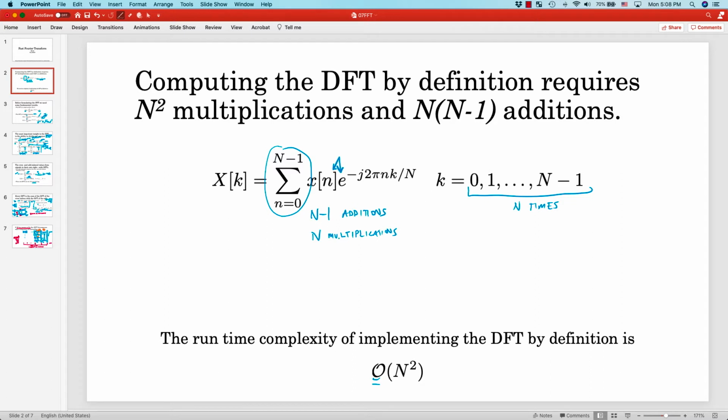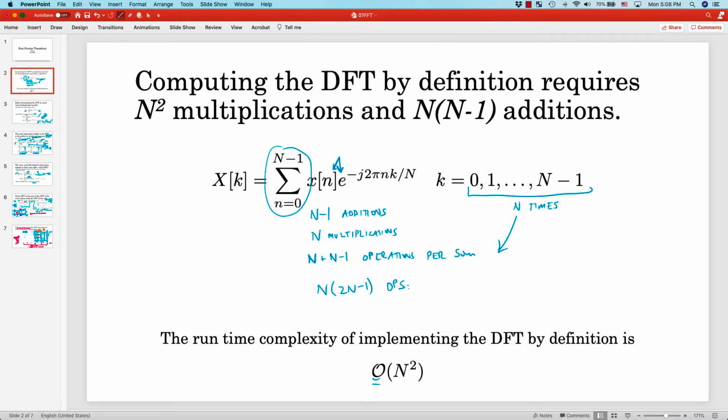And so together, there are n plus n minus 1 operations per sum, and there are n sums to be done, and so we get something that looks like n times 2n minus 1 operations.